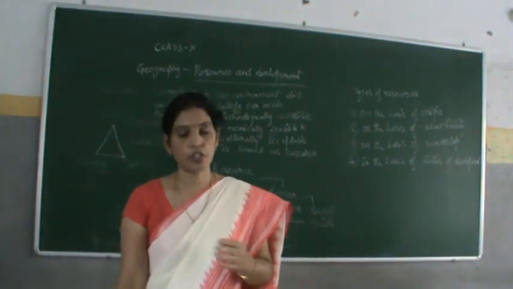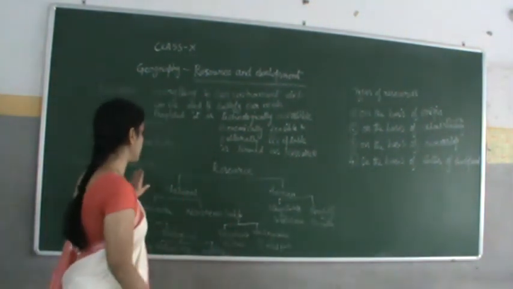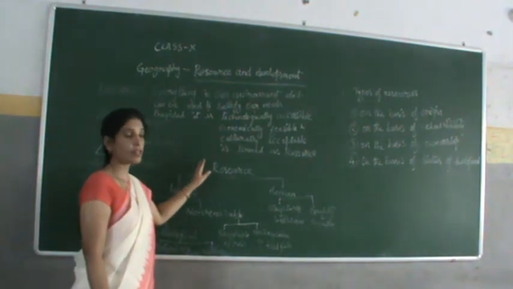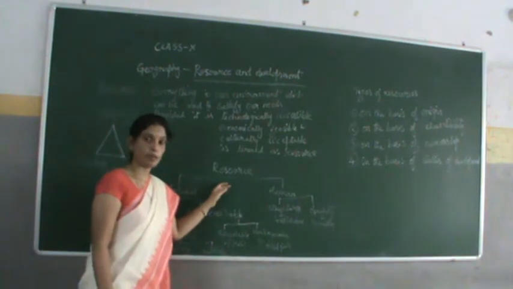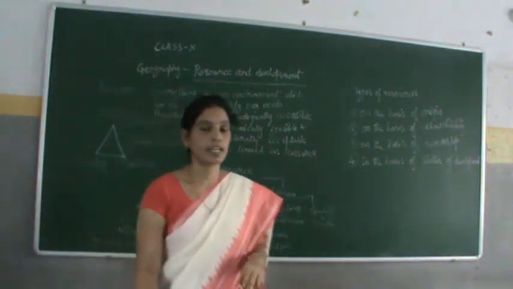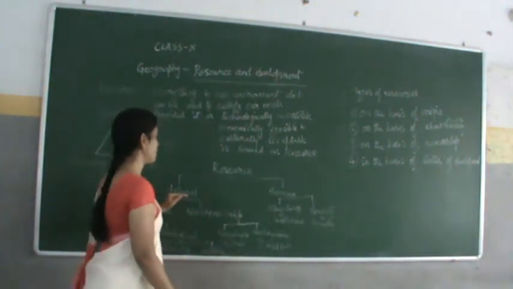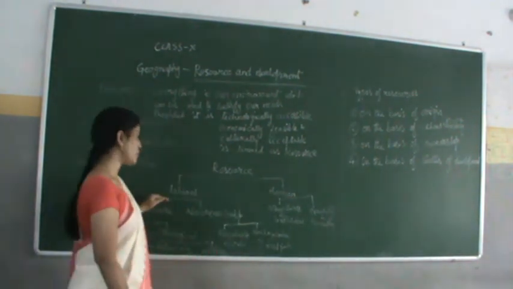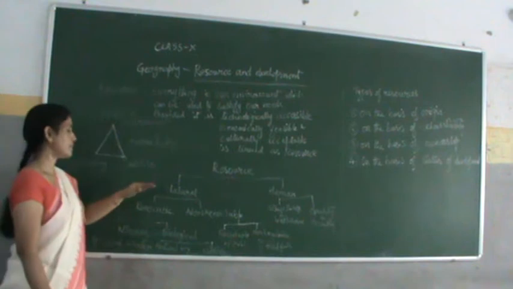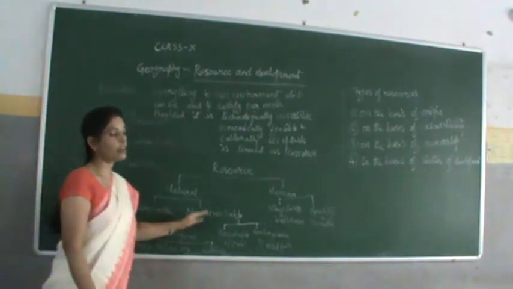So transformation of resources takes place, raw material to resources. Then these resources are classified. They are classified into two types, natural resource and human resource. What are natural resources? They are again classified into renewables and non-renewables.